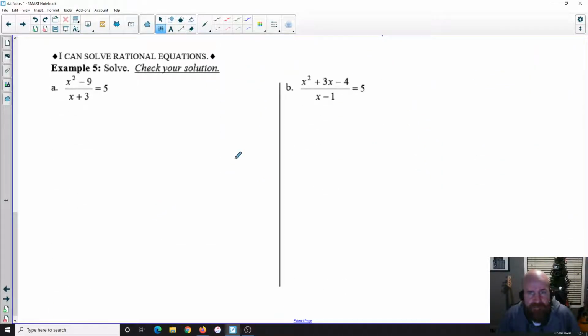All right, last examples here. So we have a fraction equaling just a number. What we're going to do is multiply both sides by the bottom. So x plus 3 gets multiplied to both sides. So we end up with x squared minus 9 equals 5x plus 15.